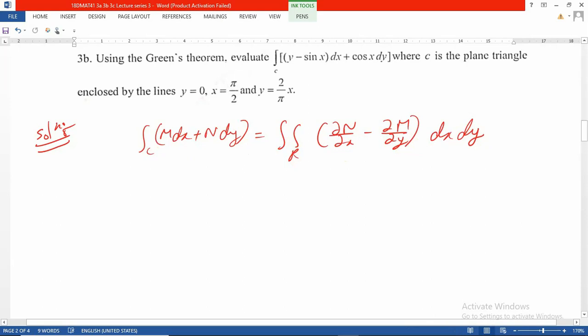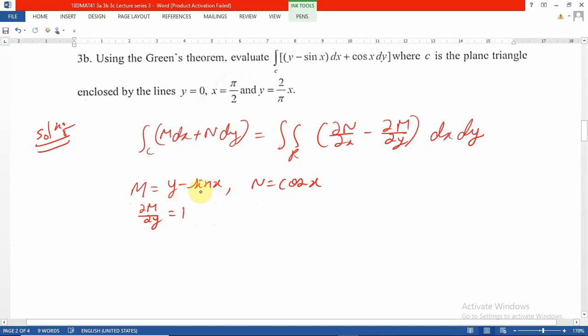You can see here, they have given m is equal to y minus sin x and n is equal to cos x, students. Immediately you have to differentiate this. So differentiation of dou m upon dou y will be, y only differentiation is there, 1.